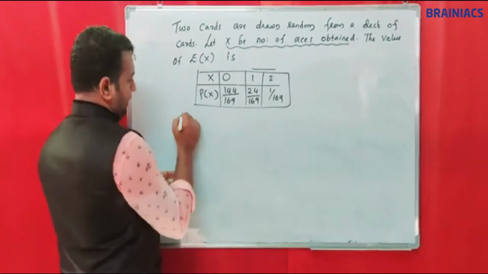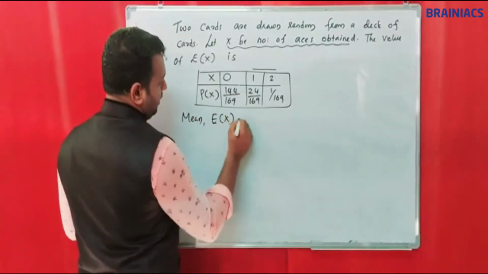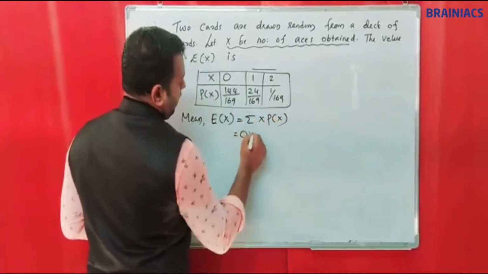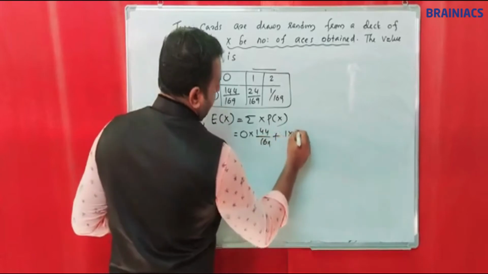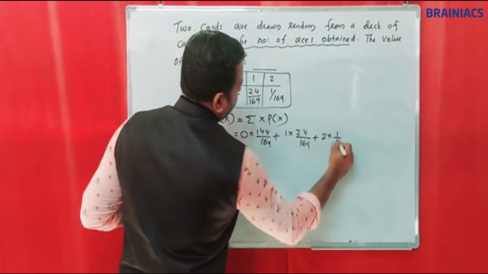Okay. So mean, or expectation of x, is equal to sigma x into P of x. 0 into 144 by 169, and 1 into 24 by 169, and 2 into 1 by 169.